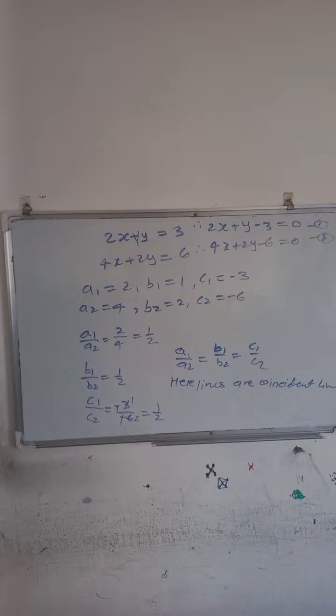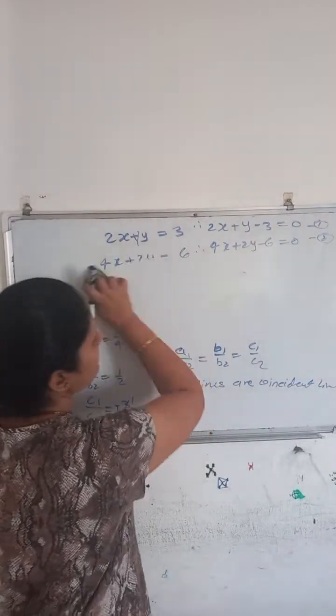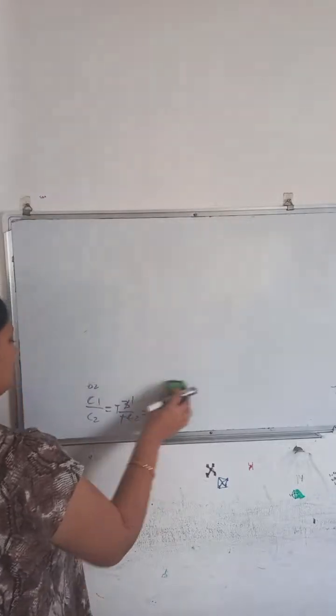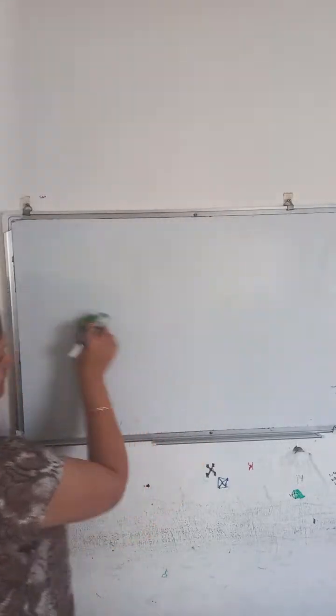Write down. Find whether the following pair of linear equations is consistent or inconsistent. I will write down the equations and you can tell the answer to me. I will write only the equations. You know now how to check the consistency and inconsistency.